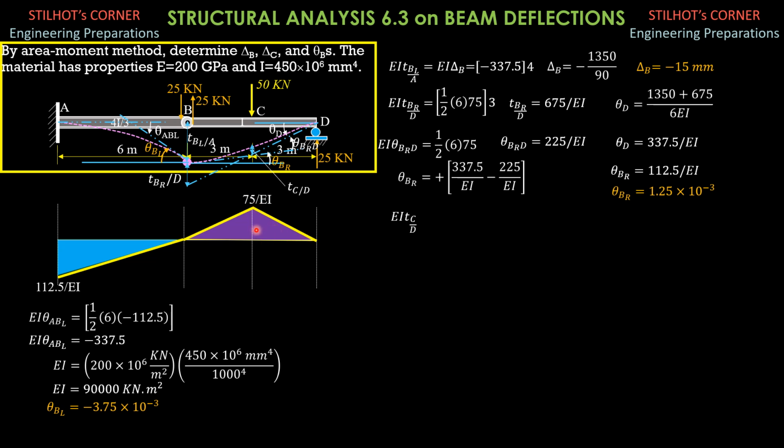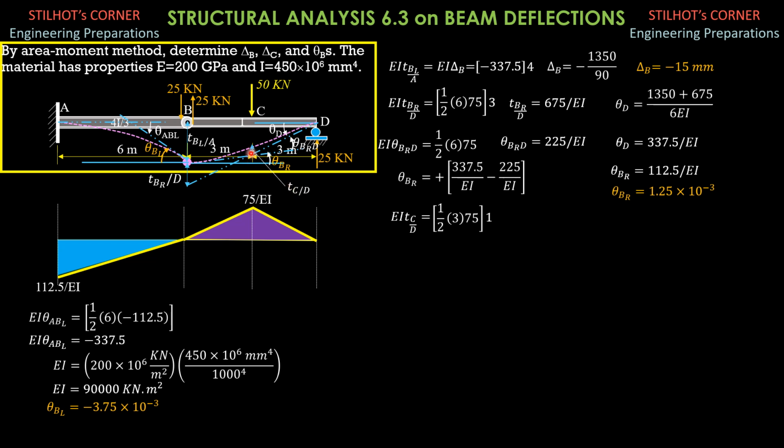The moment arm is just 1/3 of 3, which is 1. So EI times the deviation of C relative to the tangent at D is 1/2 of 3 times 75 times 1. So the deviation of C relative to D, which is positive as shown in the figure, is 112.5 over EI.